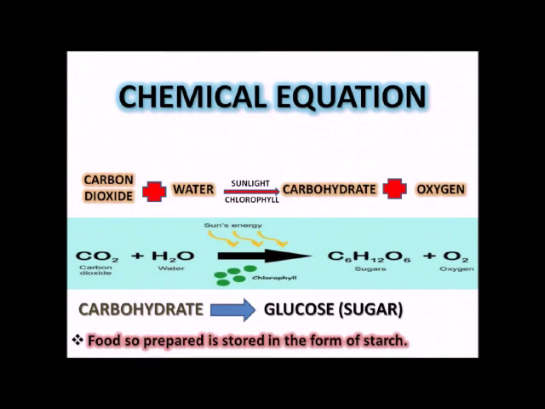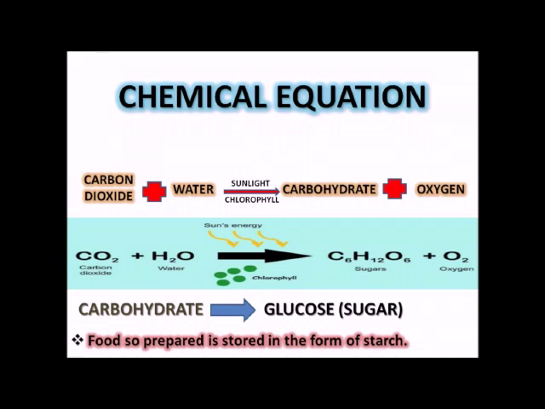So let us see what exactly happens during the process of photosynthesis. During this process, the carbon dioxide and water combine together in the presence of sunlight and chlorophyll to form carbohydrates, and along with this, oxygen is also released.